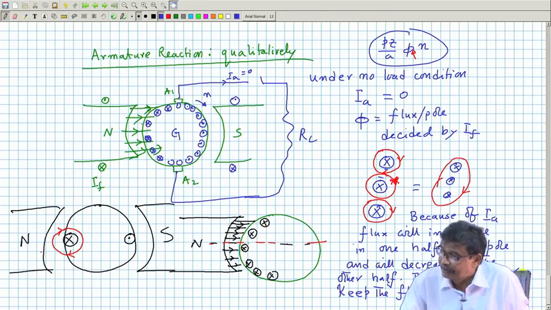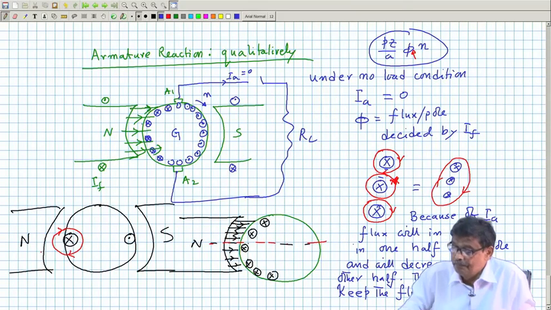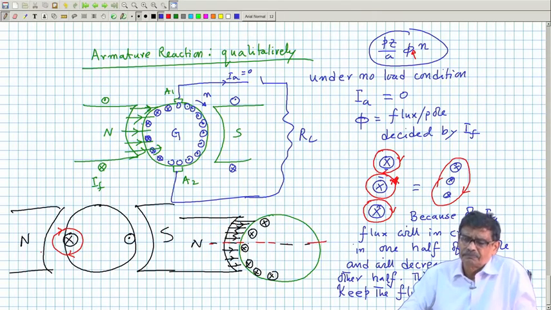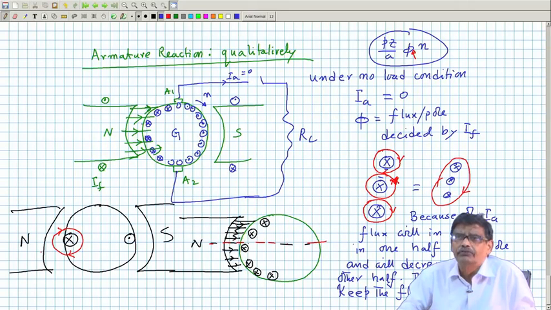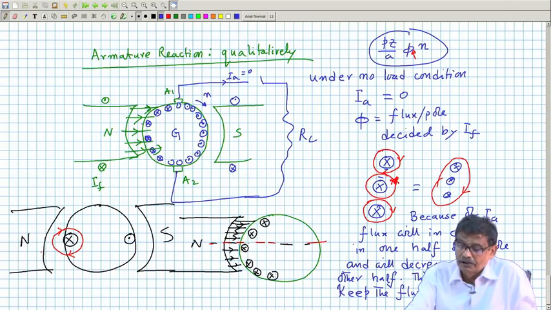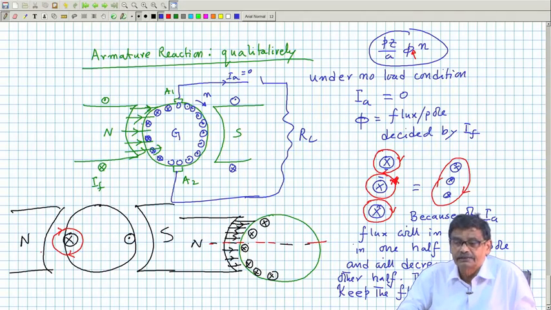Therefore, I put this sign here. Perhaps it will remain same, we will keep the flux per pole phi unchanged, may be true for a lesser degree of loading, low value of armature current, but may not be true at large value of current. In fact, since the increase in flux per pole in one half will be less than decrease in the other half, net flux per pole will suffer a loss of value.